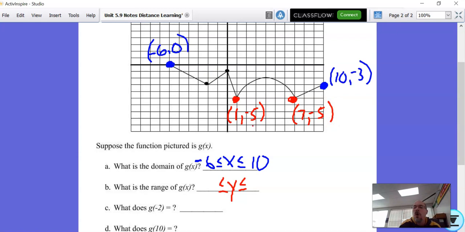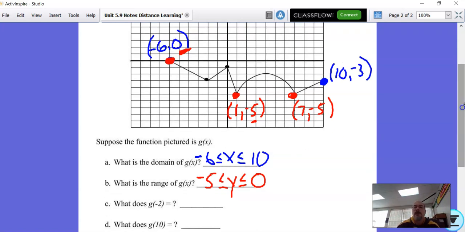So the lowest y value is negative 5. Now, what's the highest dot? Well, the highest dot is this one over here at negative 6, 0, right? So the highest y value is 0. So lowest to highest. And then the domain is from the lowest on the left to the lowest on the right. Pretty straightforward.